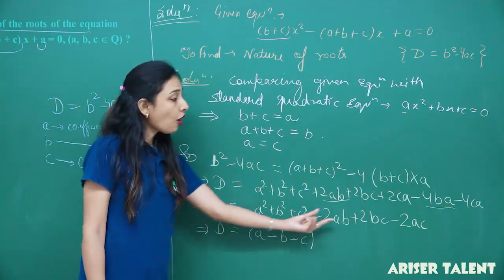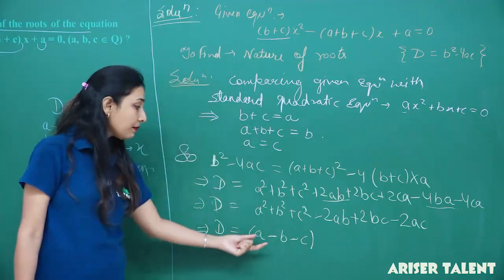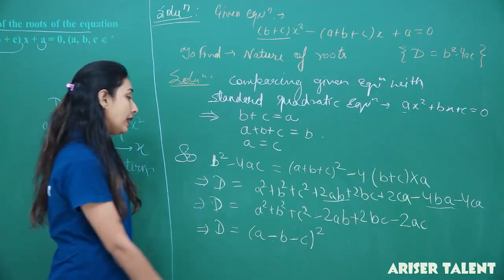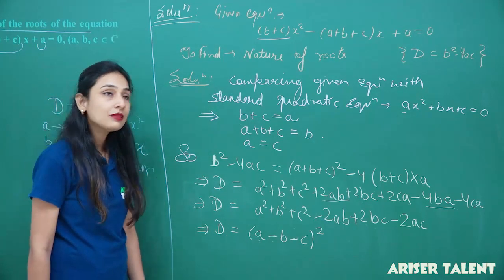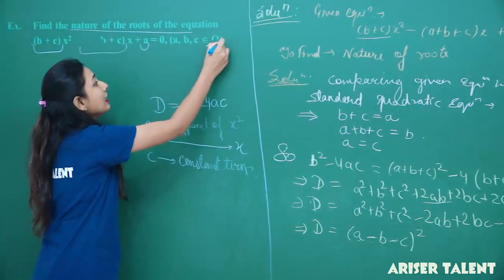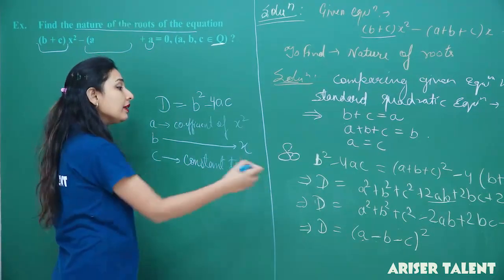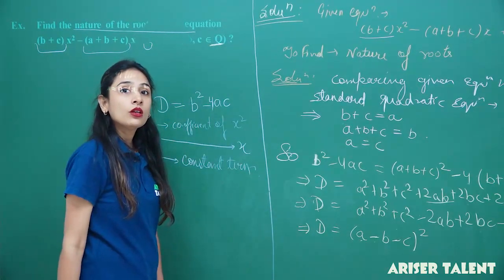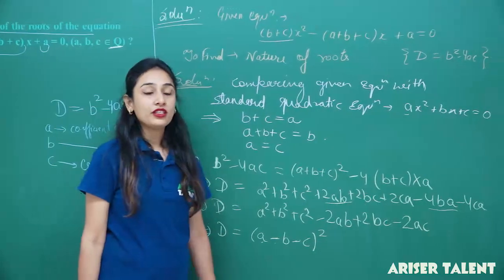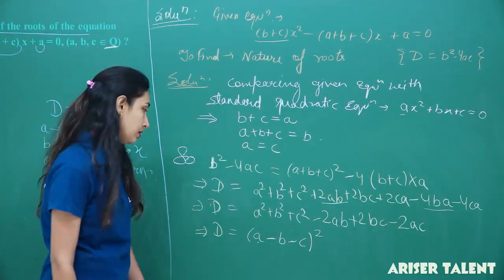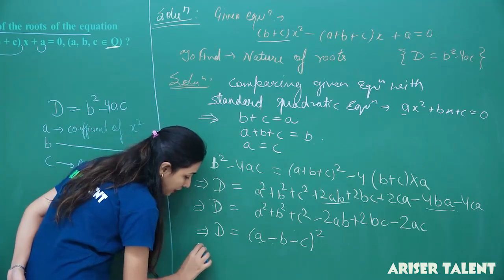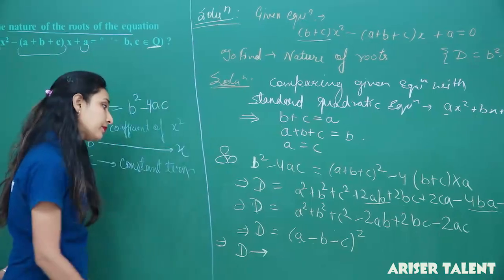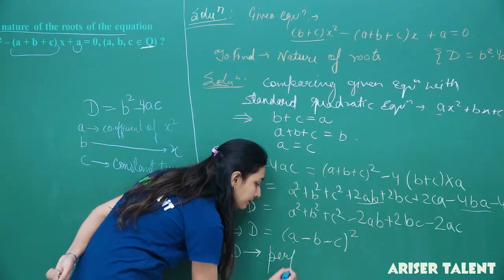So this is the expansion of (a minus b minus c) whole square. Now a is a rational number, my dear students. B is a rational number. C is a rational number. Right? So it's a square of a rational number. Right? Okay. D, from this what can we conclude? That D is a perfect square.